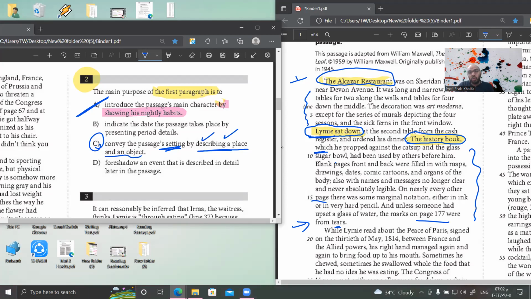Describing an object. Did we describe an object? Of course, the object is the book. And we even described the pages of the book. We said that there were maps, things like that. And we talked about a specific page even, page 177. So every single word in answer choice C is correct, right?